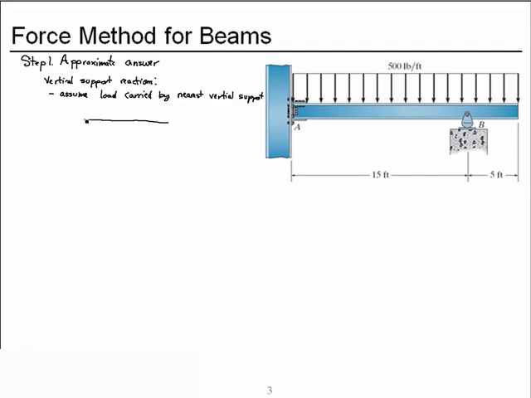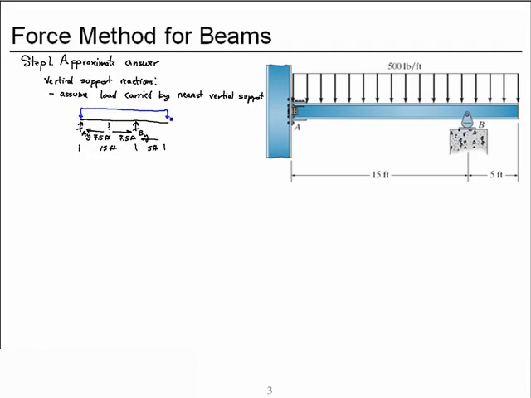That's going to mean that with AY and BY, and a distance of 15 feet, and a distance of 5 feet, all the load in this region will go to BY. All the load in this region, 7.5 feet, will go to BY, and all the load in this region, 7.5 feet, will go to AY.